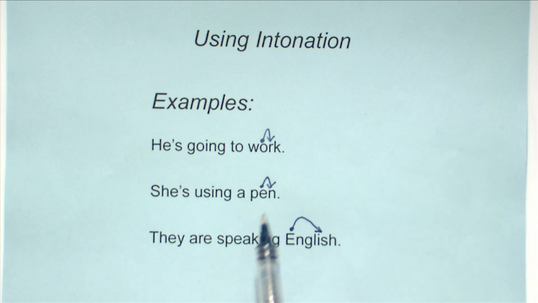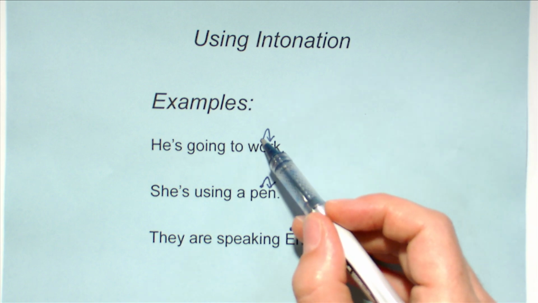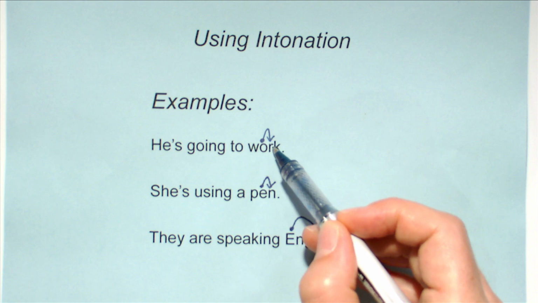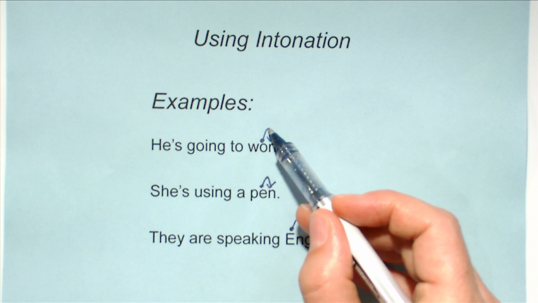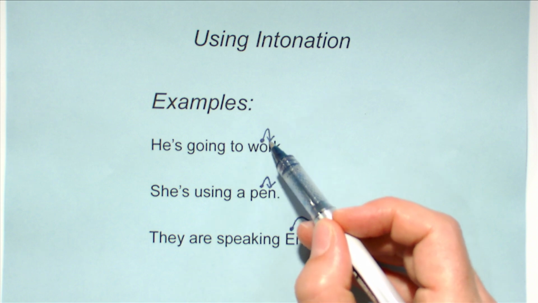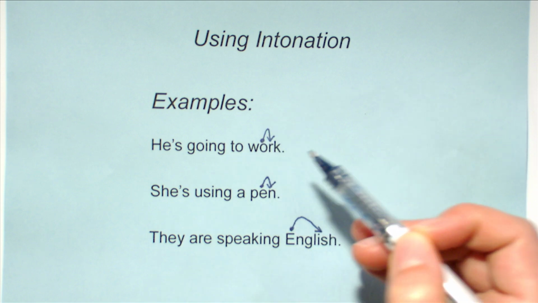And this intonation that you see on these 3 sentences, this is the most normal intonation in English at the end of sentences. Notice that it goes up a little bit and then it goes down. And that is our normal intonation in English. Sometimes we call it rising, falling, or sometimes we just call it falling intonation. I often describe English as being kind of like the waves of the ocean.